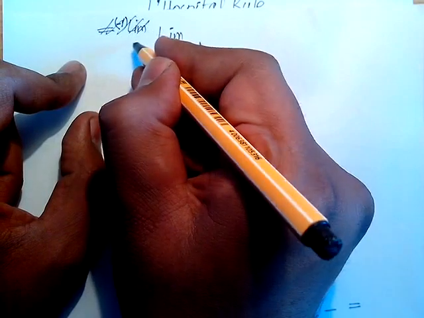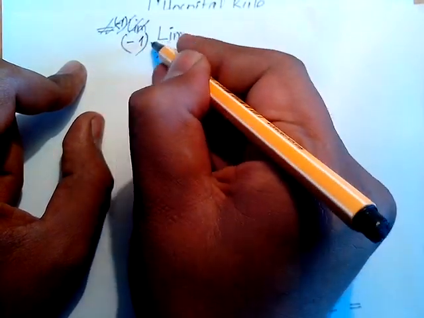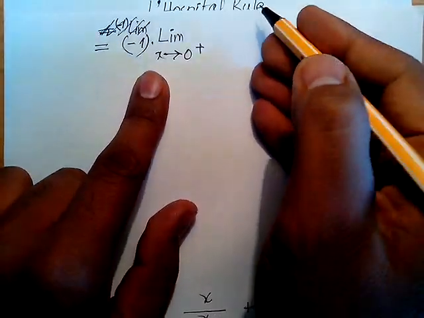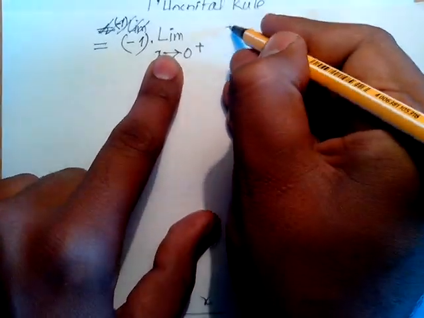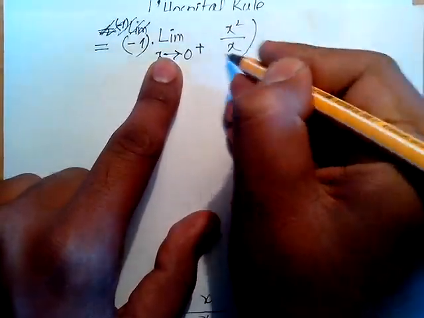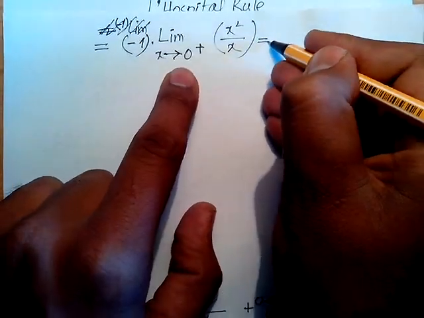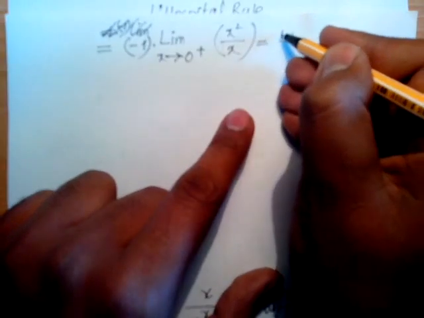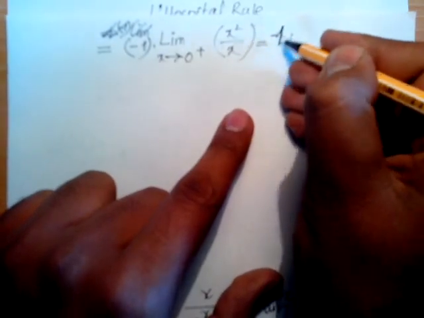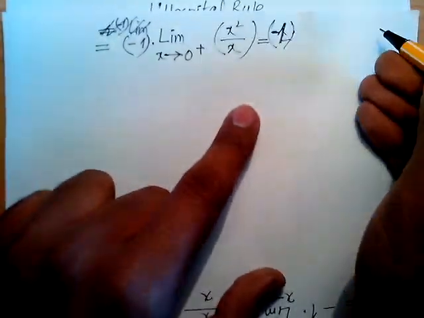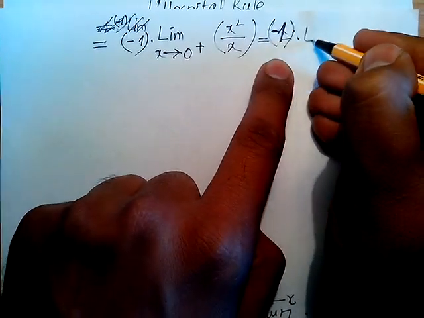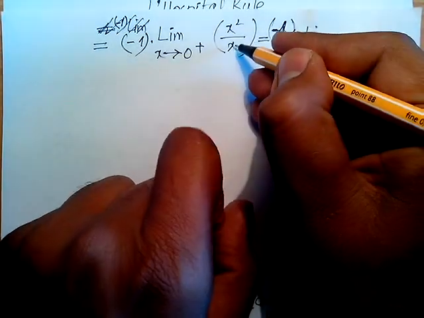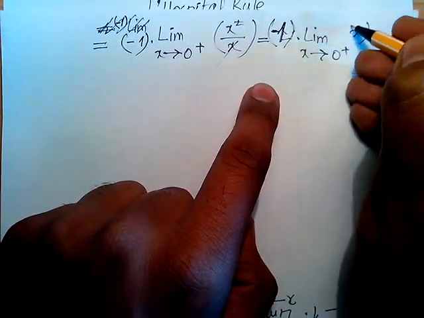So this is going to be minus 1 multiplied by x squared divided by x. I'm messing up actually. And if you cancel this with this, so this is going to be plus.